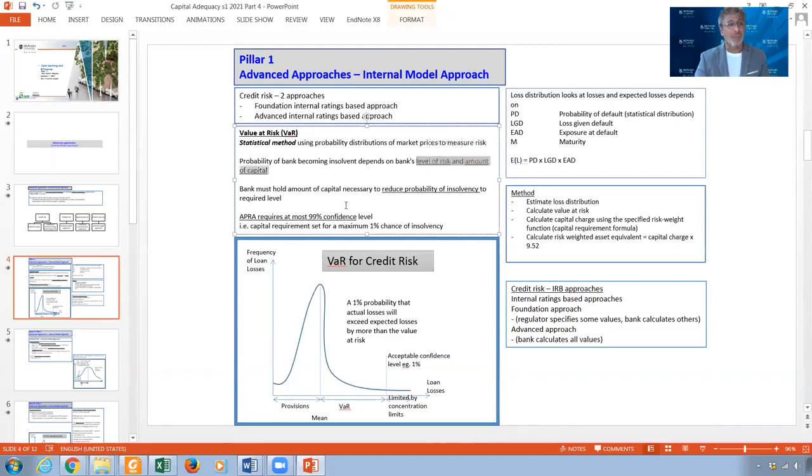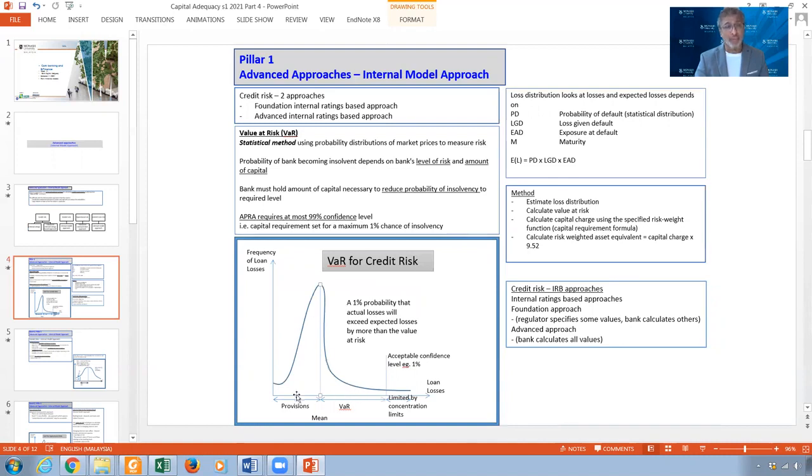Therefore, a bank must hold the amount of capital necessary to reduce the probability of insolvency, which means if you look at this distribution, this is a distribution of the credit risk. And this is all the losses coming from the credit risk, as I told you, from the housing, and you are calculating this according to all observations of all those years.